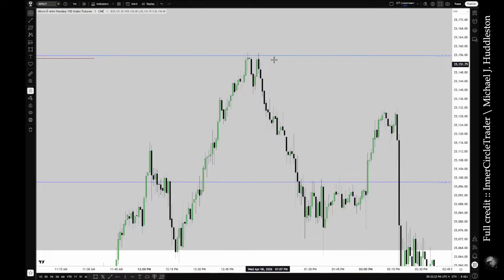So if this is a premium level and the bodies are not touching it, that's the signature that the algorithm lays down for smart money. This is going to go lower. Do you see how consistent my logic is? Do you see how it's constantly repeating over and over and over again?